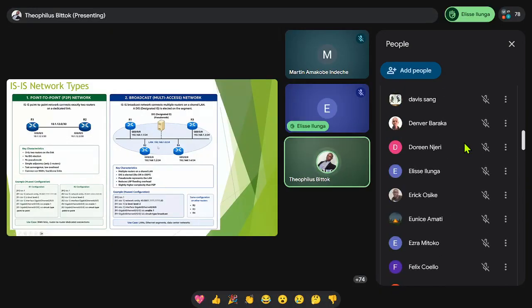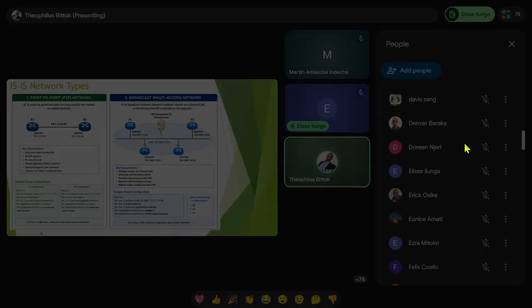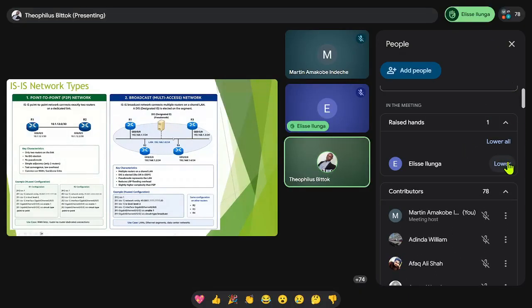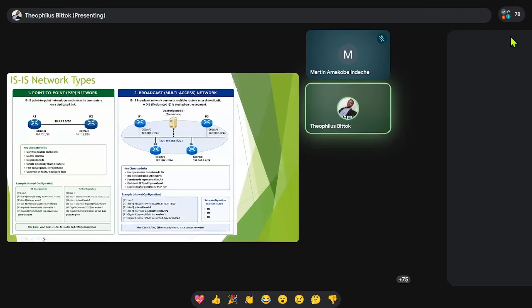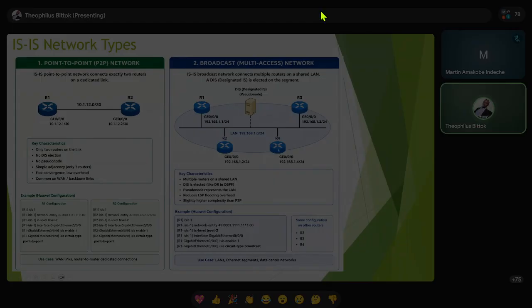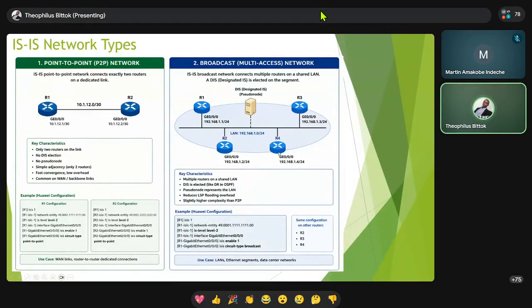It's not that the DIS is the one that is supposed to send the LSPs to all the routers. Each router sends their own LSPs, but the DIS works as an auditor. If it realizes maybe router 4 is missing some LSPs, then the DIS is going to send those LSPs.